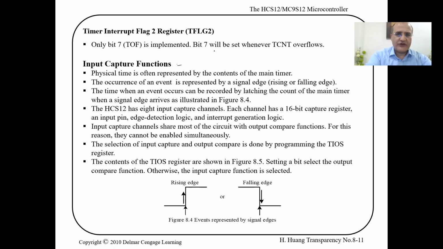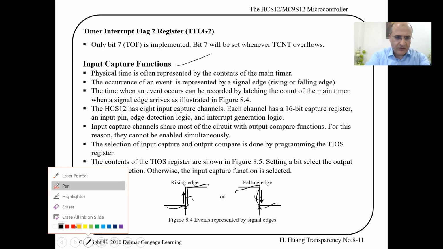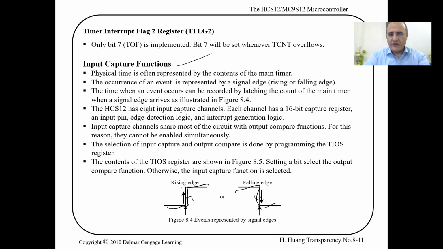Input capture functions. We said in the last class meeting that input capture in general means whenever a rising edge or a falling edge or both, something that we can configure, arrives on a pin associated with the input capture channel. We said we had 8 channels that we can configure as input capture or output compare, either.